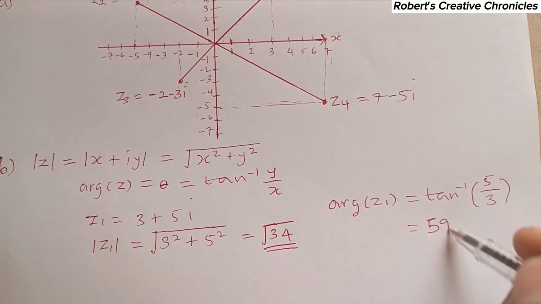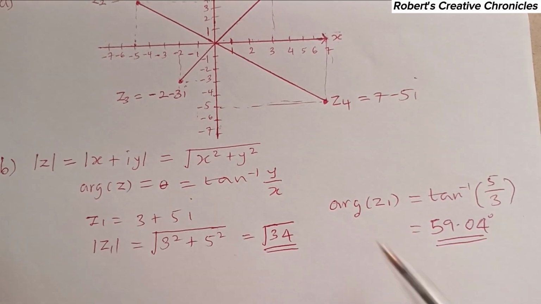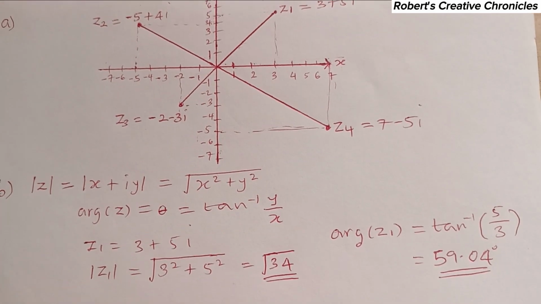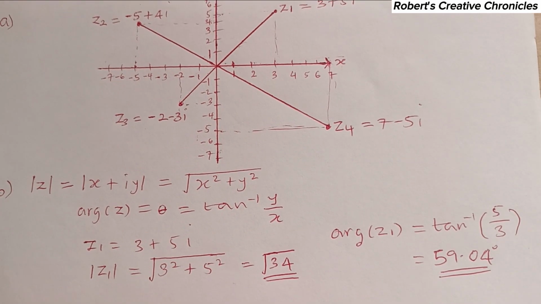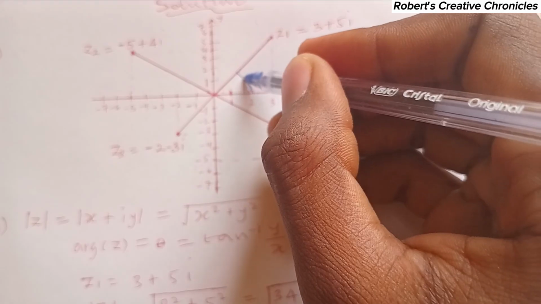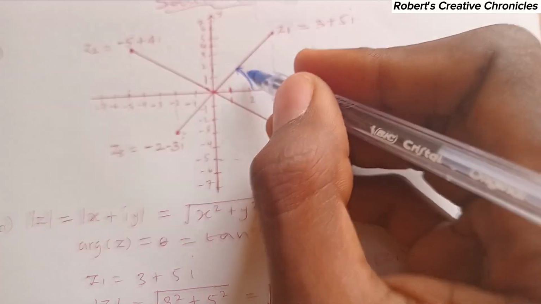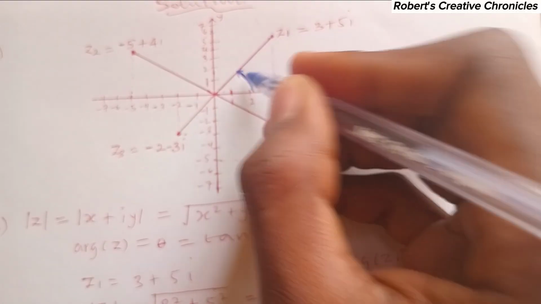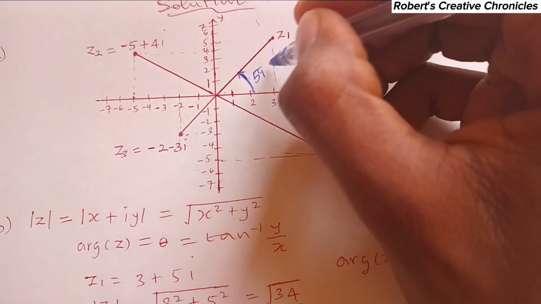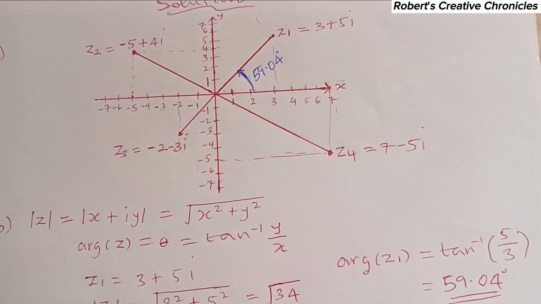This is 59.04 degrees. So that's the argument of z1. And that means from the definition of argument, this is the angle and it's measured in anticlockwise direction, and this is 59.04 degrees.